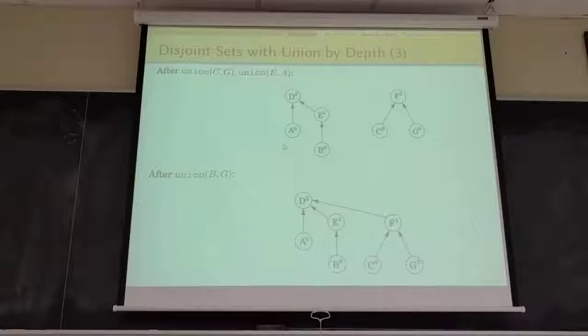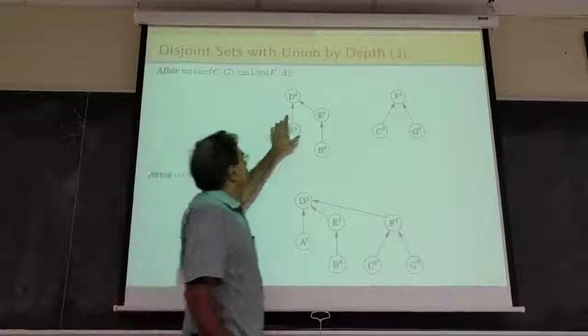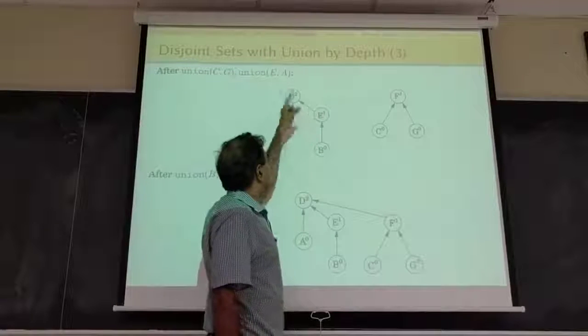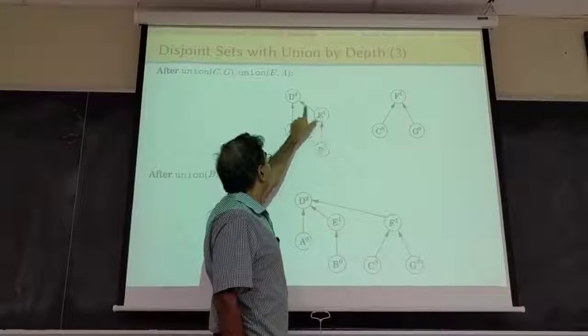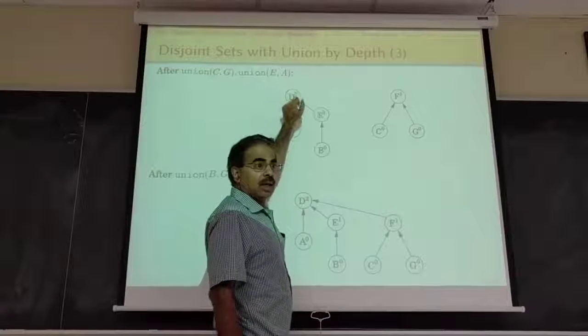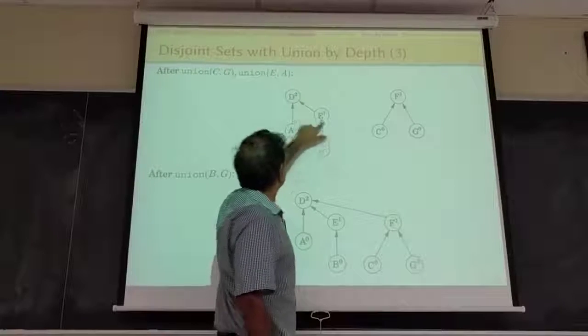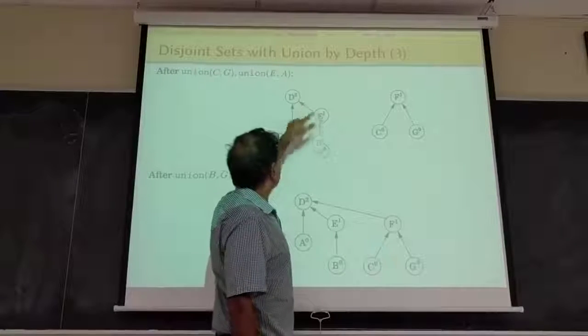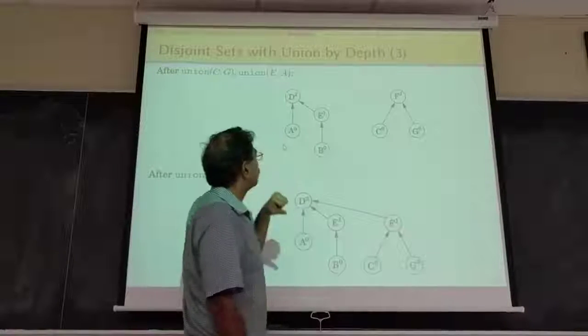So when you union them, you're going to get a set like this with 4 elements. And once again, these two have the same size, so you should make one of them point to the other and increment the rank of that bigger one, right? So now what it shows you is that the length of the path now becomes 2.